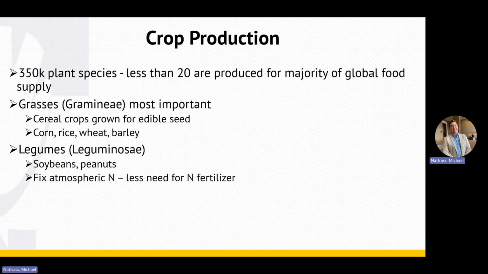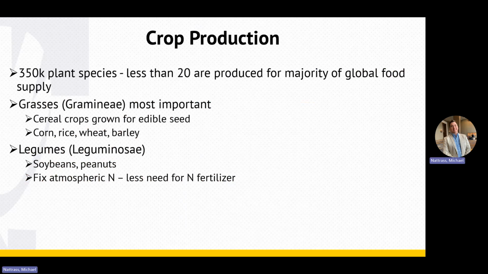There are other crops that do get used for food supply, like bananas, but the big players, less than 20, are produced for food.